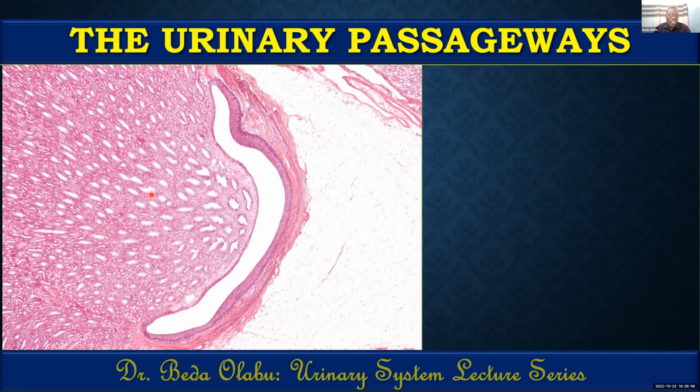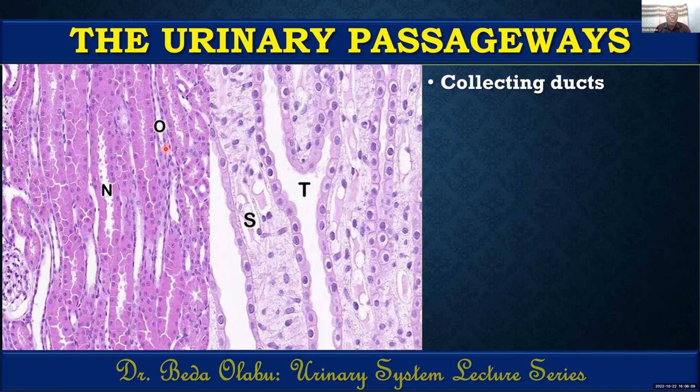These channels you're seeing within here represent the collecting ducts, as well as medullary ducts. Medullary ducts are unions of two or more collecting ducts. So histologically, perhaps that's a collecting duct, that's another collecting duct, and that's a medullary duct. We can still call them papillary ducts.